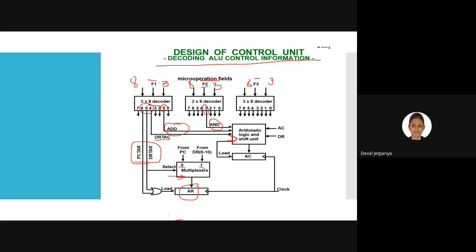So we can also give it like this. And once computation is done, we are further transferring it into the accumulator. So likewise, we are able to transfer data to the accumulator as per its requirement.